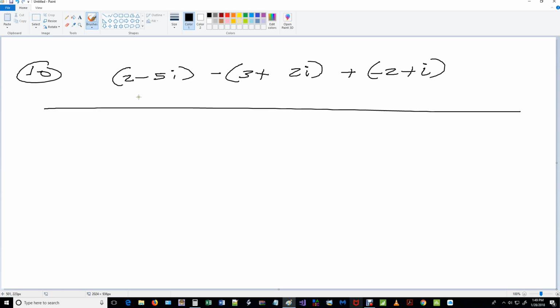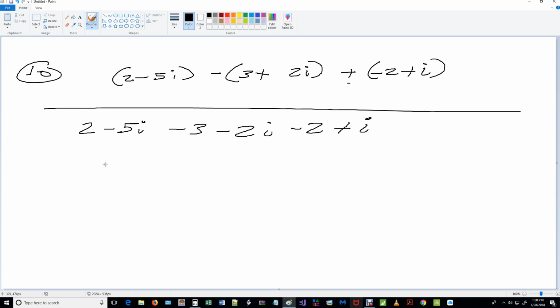The first parentheses, we just get rid of it. There's nothing you can do with that. So it's 2 minus 5i. This minus here actually affects everything inside the second parentheses. So it's minus 3 minus 2i, and this plus before the third parentheses basically tells you everything is the same. So minus 2 plus i.